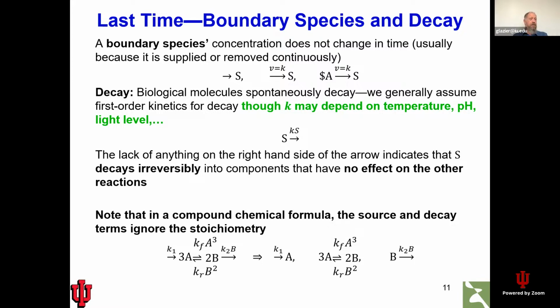Decay almost always is multiplied by the concentration. The reason is that if you had 0th order decay, if S went to nothing at a rate K, then if you had a small amount, S would go negative because you'd use it all up and it would keep reacting. And so typically decay reactions are multiplied by concentration.